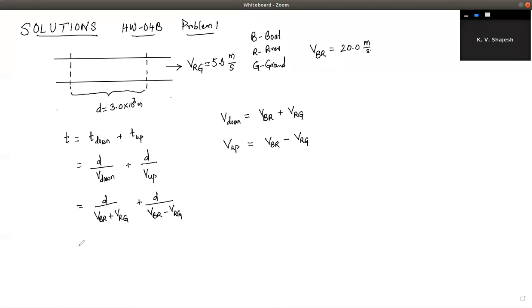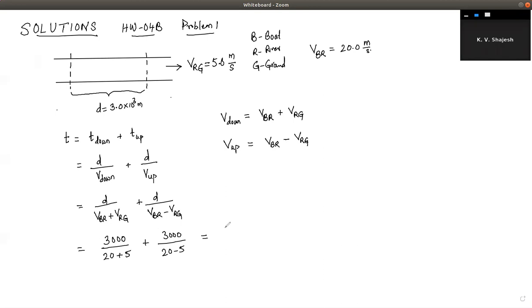And if we put this all in numbers now, this will be 3000 meters, to two significant digits if you want, divided by 20 plus 5, and while coming back it is 3000 divided by 20 minus 5.